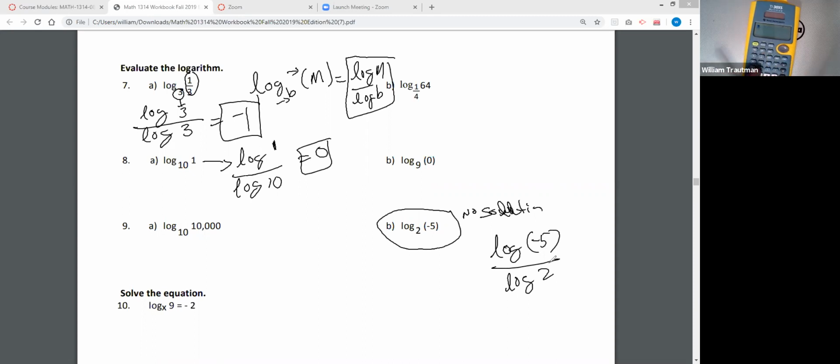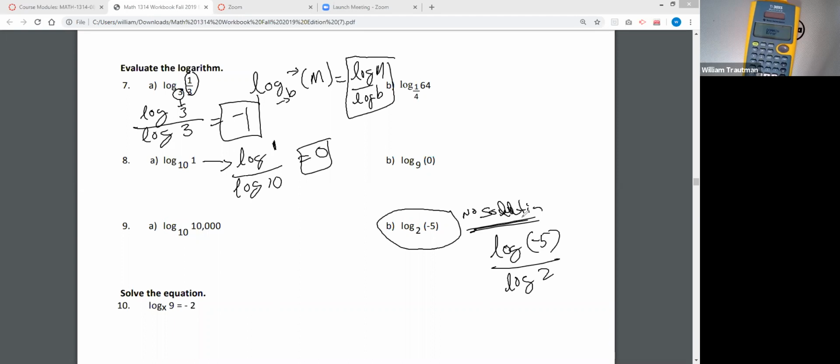The log of the top number, which is -5, divided by the log of 2. And when I hit enter, it says error. In other words, error means there is no solution. And if you go up one, that problem also has error, no solution.